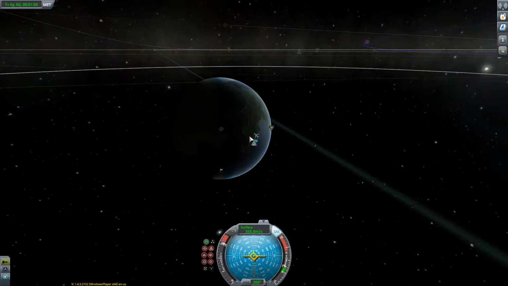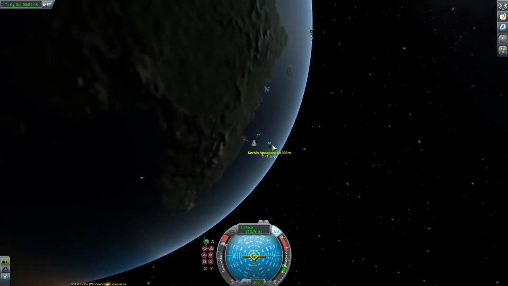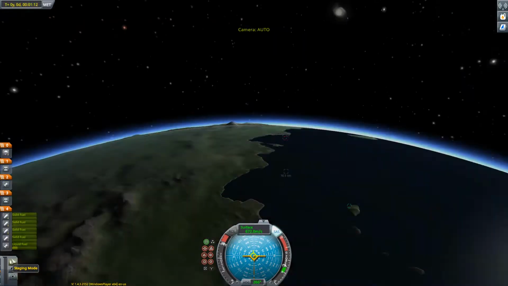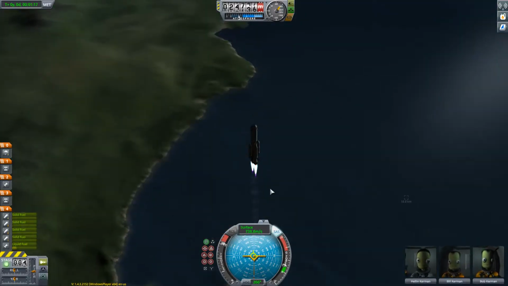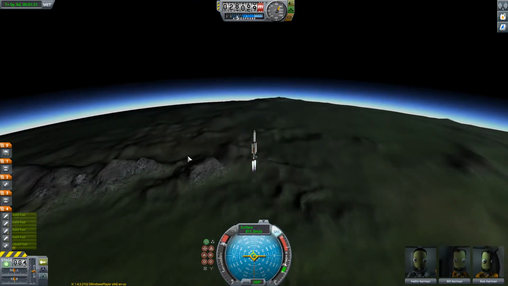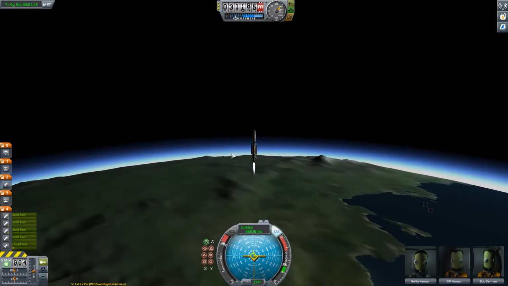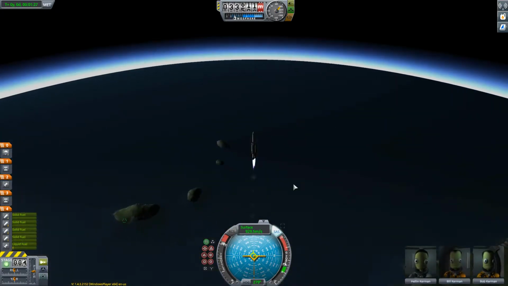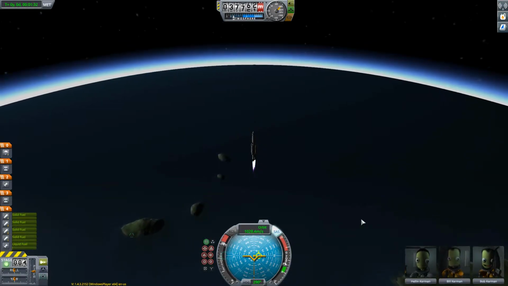which is not quite there yet. It's going to be something like 50,000 meters. Possibly 60. Usually hovers around that point. And then we are going to decouple once this stage is out of fuel.